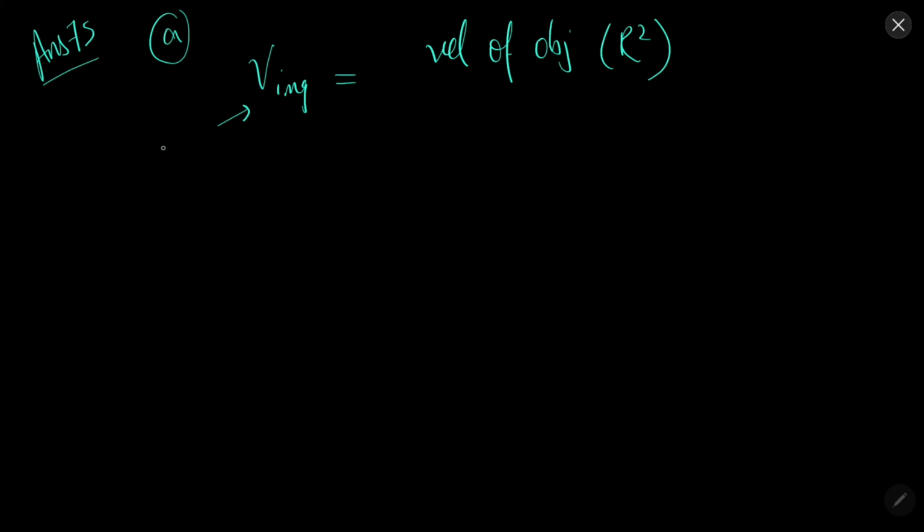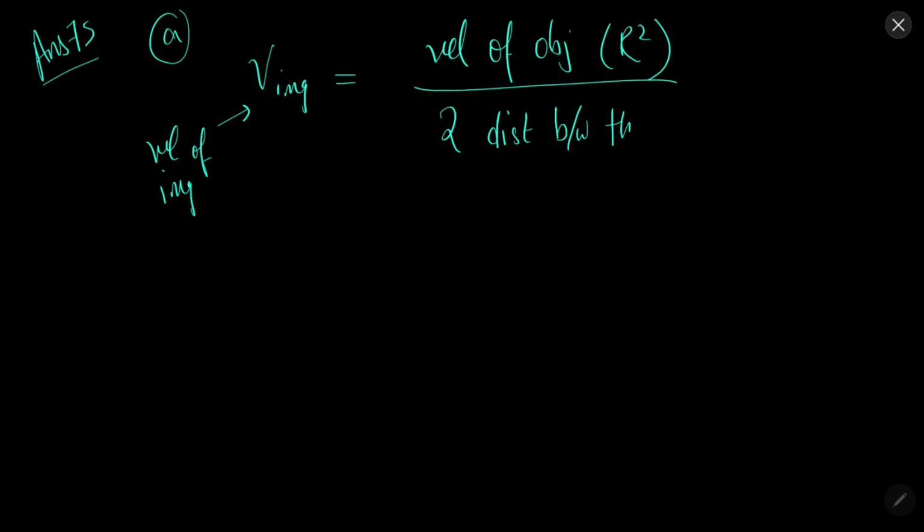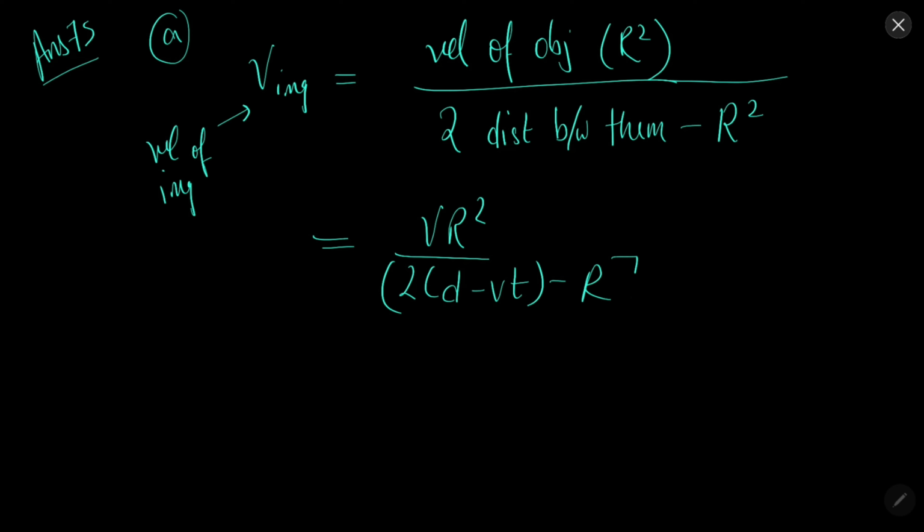So this is, let me write, velocity of image over 2 into distance between them minus r square. So it will come out to be Vr square by 2d minus Vt by r whole square. This was whole square.